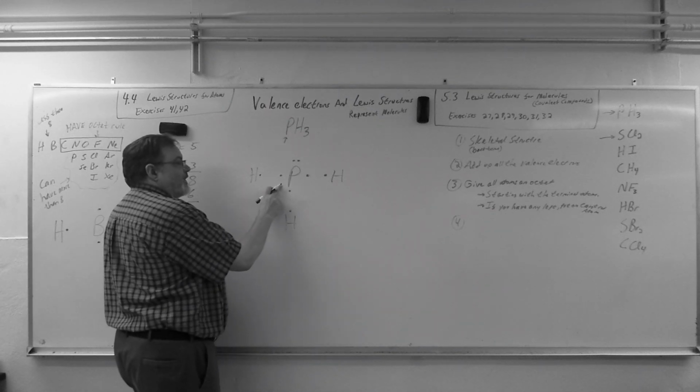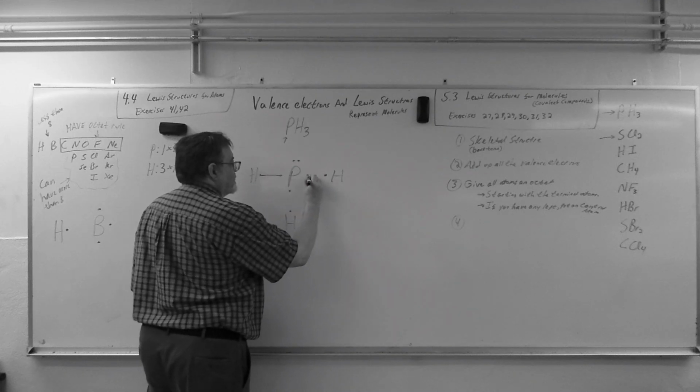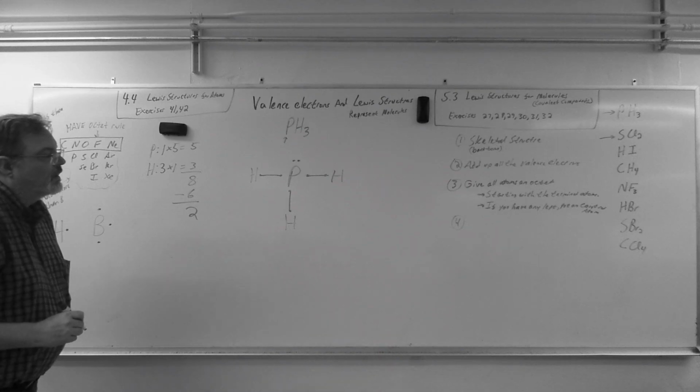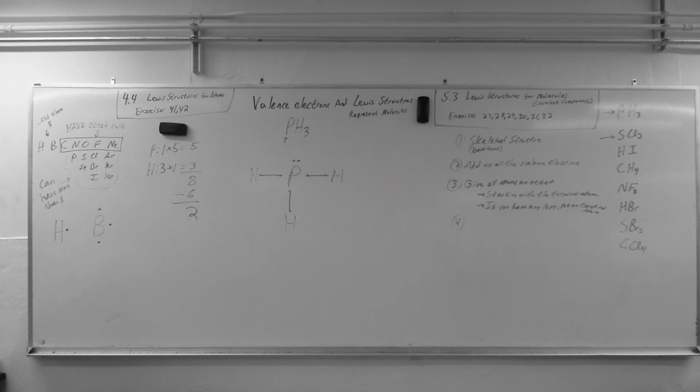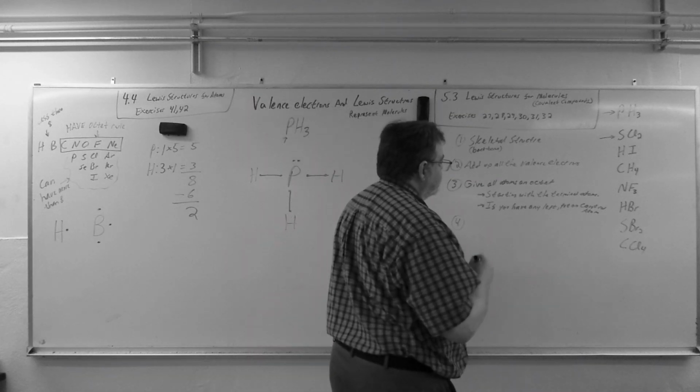That's the Lewis structure for phosphine. It's pretty obvious what's going to pair for that one. NF3 will be the same.